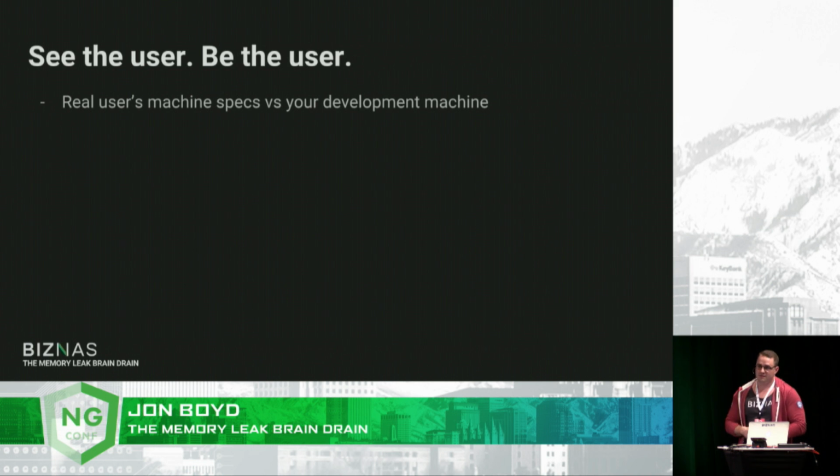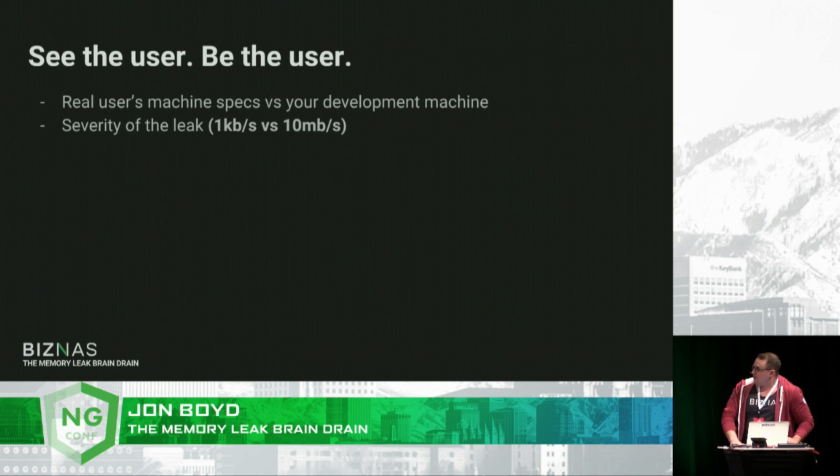But your real users, they sit there with their machines running for a month straight. And the severity of the leak is going to matter, because if you think about the specs you have on your dev machine, you have 16, 32 gigs of RAM. Your real users might only have 2 gigs. So even really tiny memory leaks can crash their browser, crash their computer, possibly.